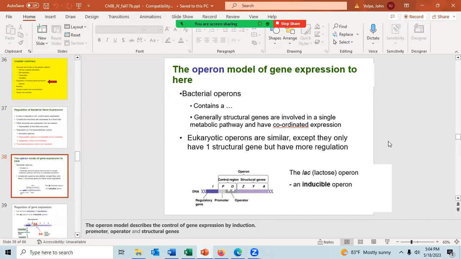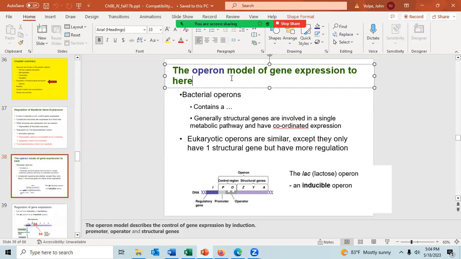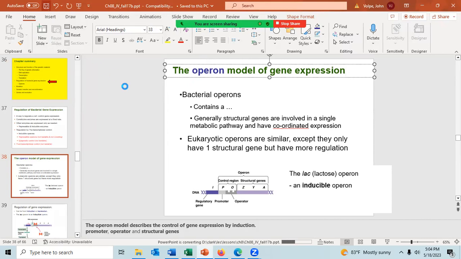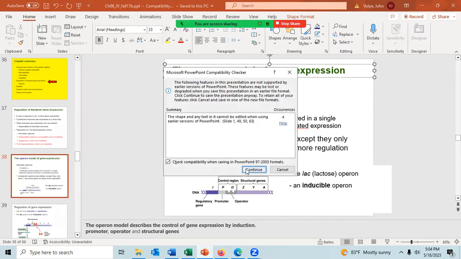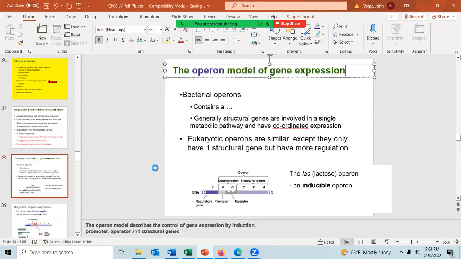All right, last time we were talking about the operon model of gene expression. Is that correct? I'm not hearing anything, but I'm pretty sure that's where we were. And I did mention that an operon is sort of like a super gene. It does include the structural genes, which is normally what we think of when we talk about a gene.